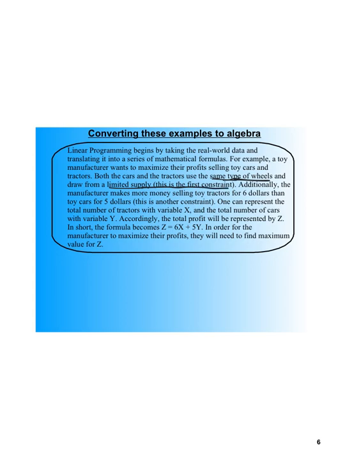They're making toy tractors that sell for $6, and toy cars that sell for $5. That's another constraint. This is very simplified, but if Z represents profit, you get $6 for every tractor, so X represents the number of tractors, and $5 for every car, and capital Y represents the number of cars.